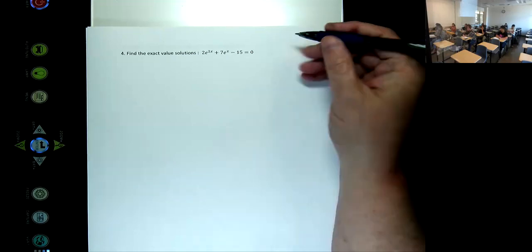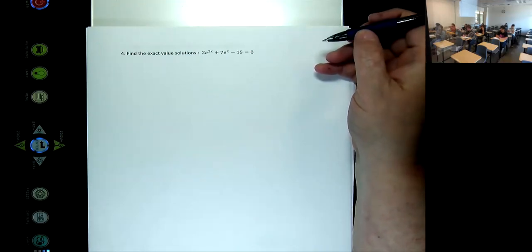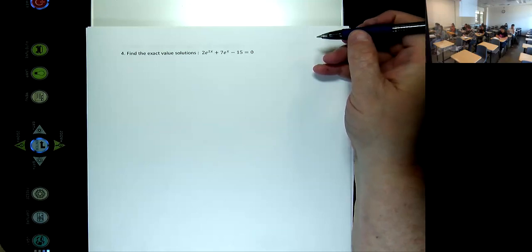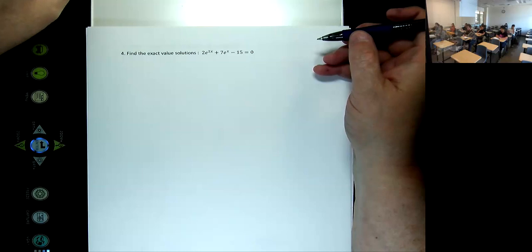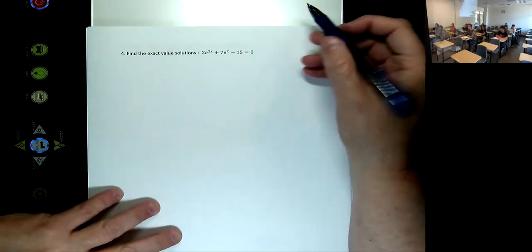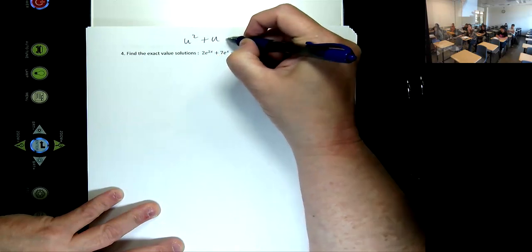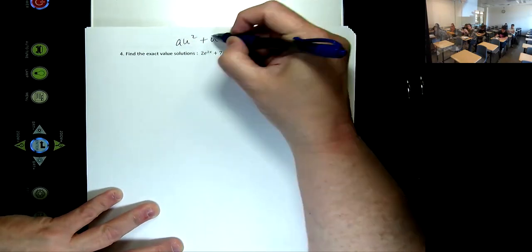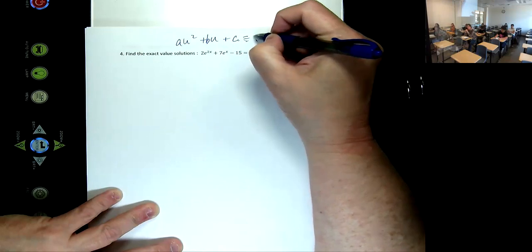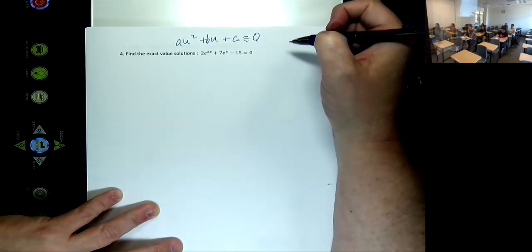What are we going to do with the u? What's the goal of using the u? The goal is to make this look something like a quadratic, au squared plus bu plus c equals 0. So then we can use the things that we do with quadratic stuff.